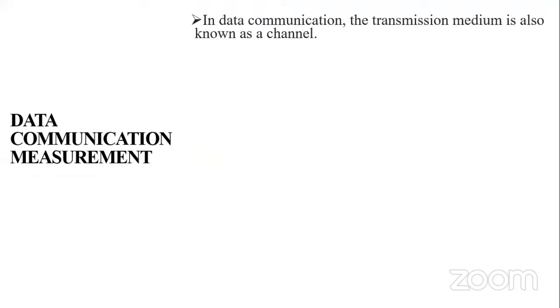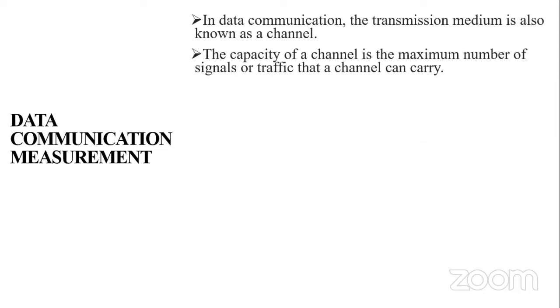These are very basic terminologies, and you also know about these. In data communication, the transmission medium is also known as a channel, which we saw yesterday. The capacity of a channel is the maximum number of signals that a medium can carry, how many maximum signals or how much traffic a medium will carry for a particular time.